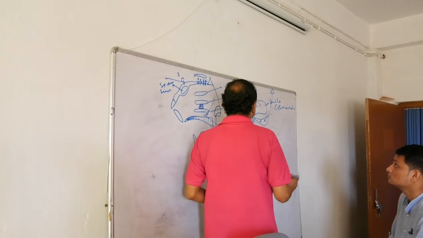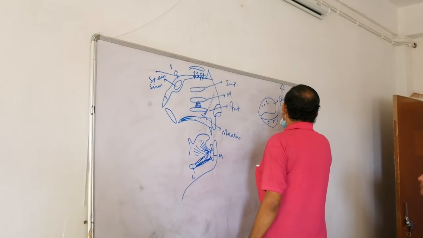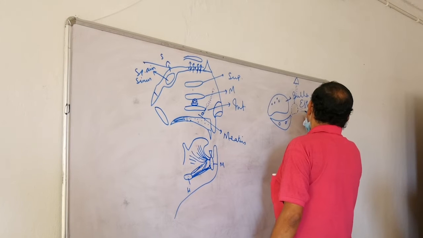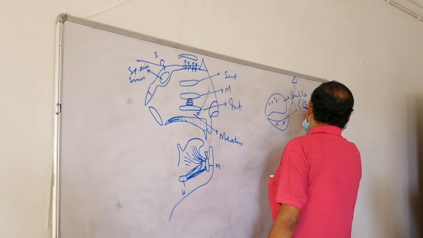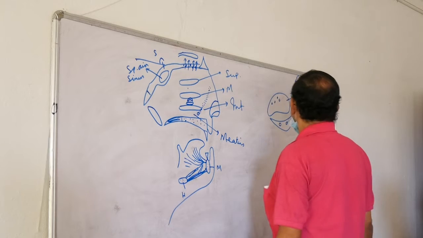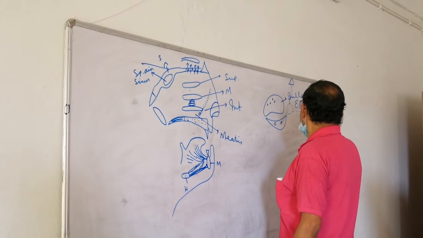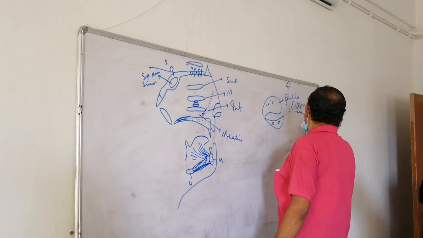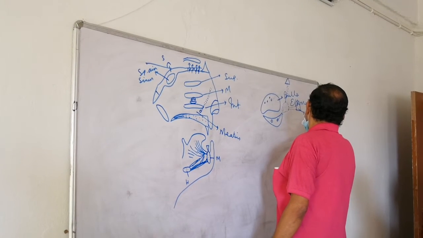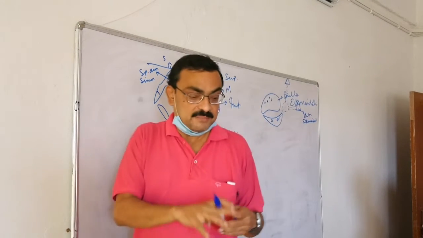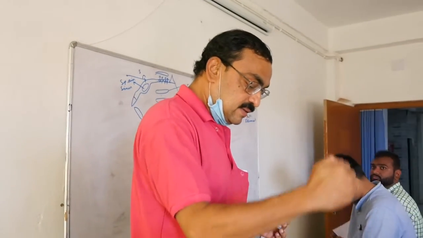And another tube is coming from the anterior ethmoidal cells. Within the base, there are three partitions.